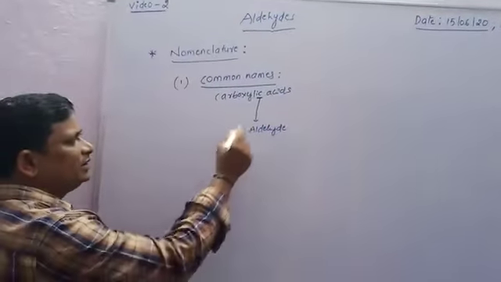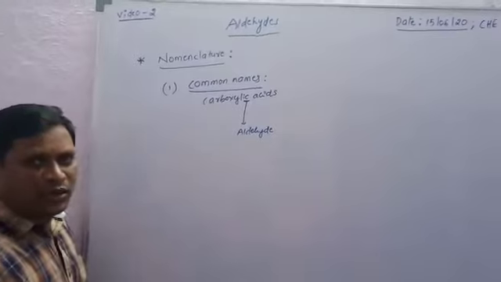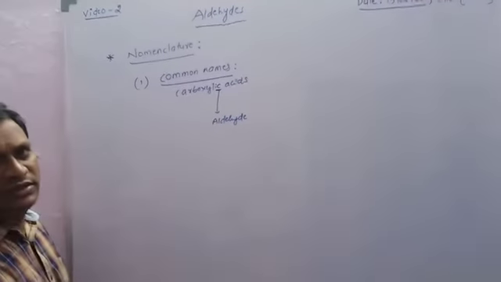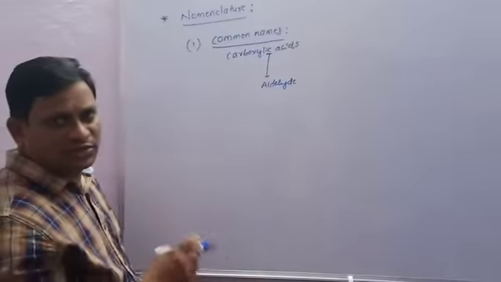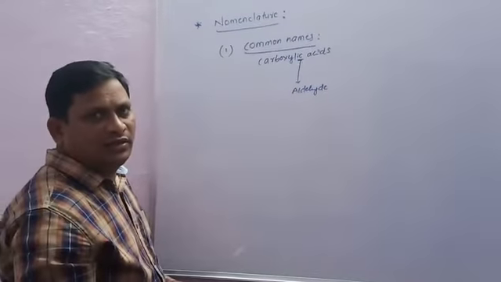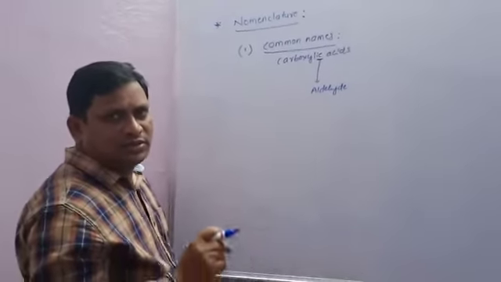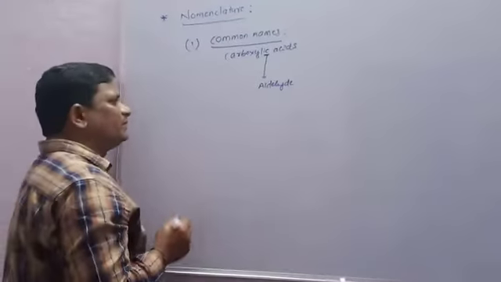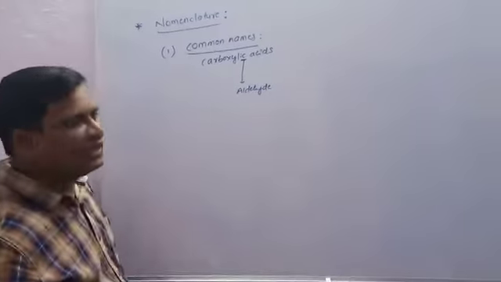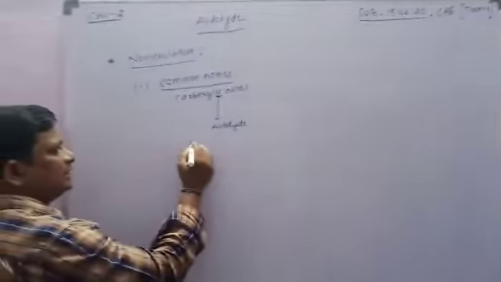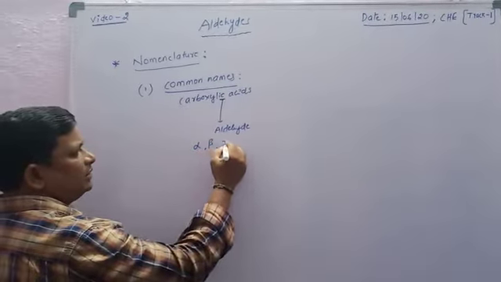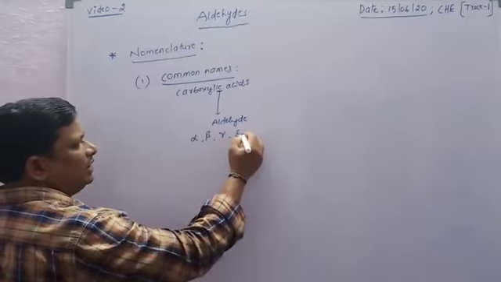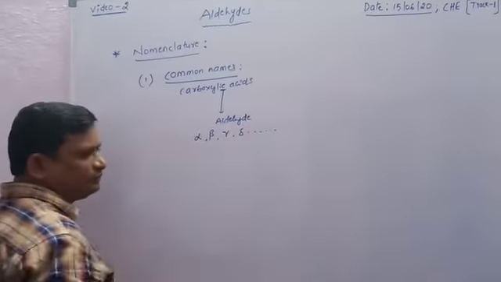The location of the substituents on the carbons in the chain is denoted with the Greek letters, that is alpha, beta, gamma, delta, and so on.